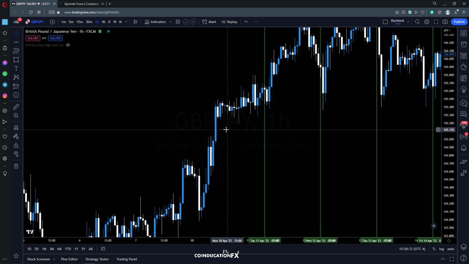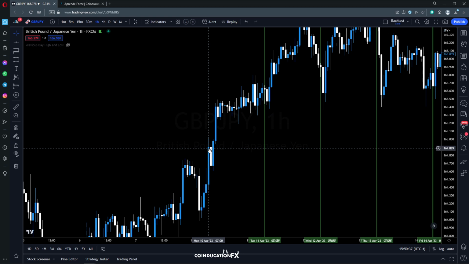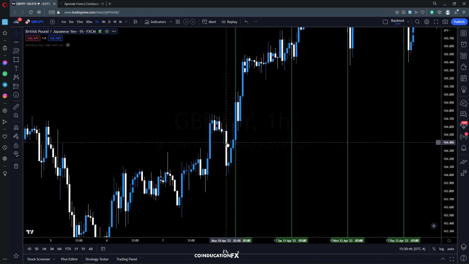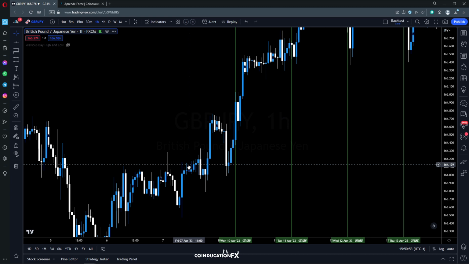That's all we're looking for. We want to see if there is some sort of pattern, a certain behavior the price meets at a specific time that will give us the best entries.